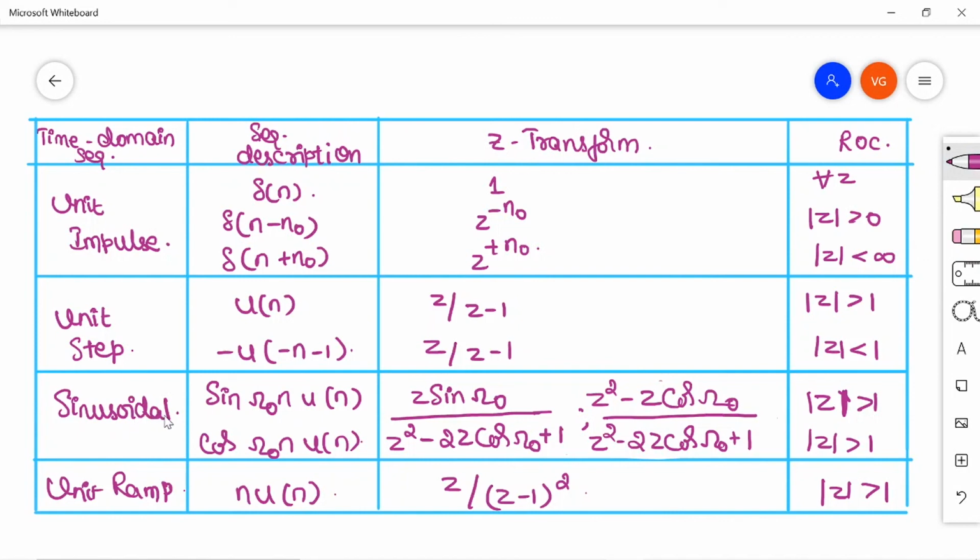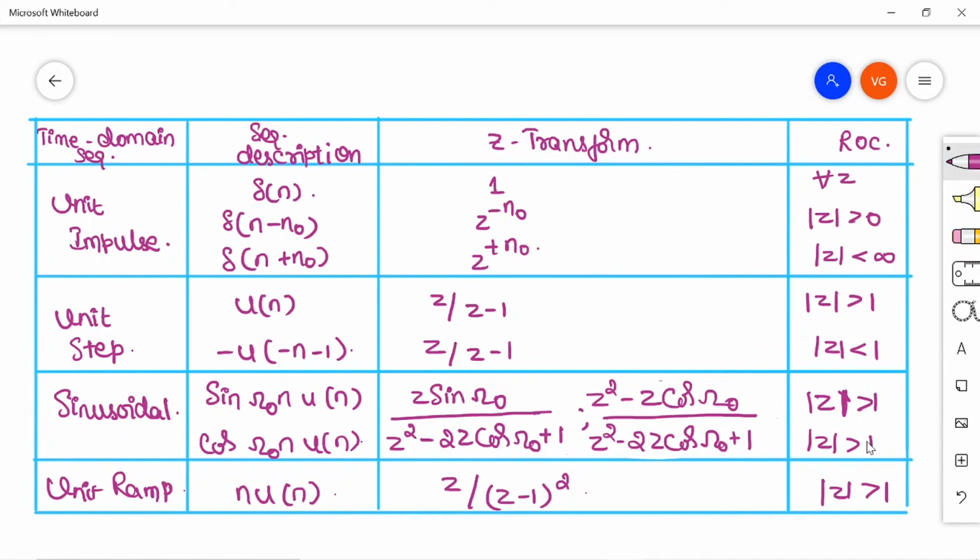Coming to sinusoidal signals, sin omega naught n and u of n. The Z transform is Z sin omega naught divided by Z square minus 2Z cos omega naught plus 1. For cos omega naught n and u of n, it is Z square minus Z cos omega naught divided by Z square minus 2Z cos omega naught plus 1.